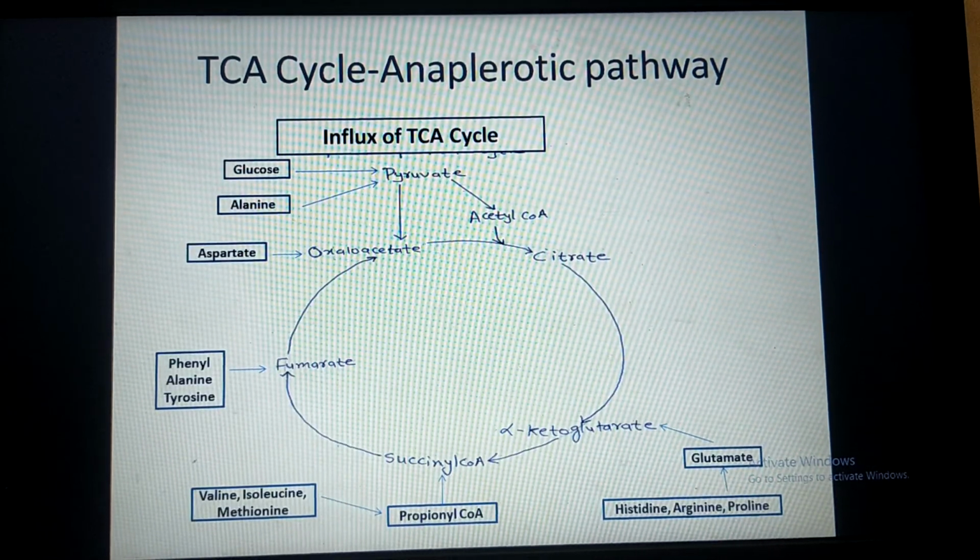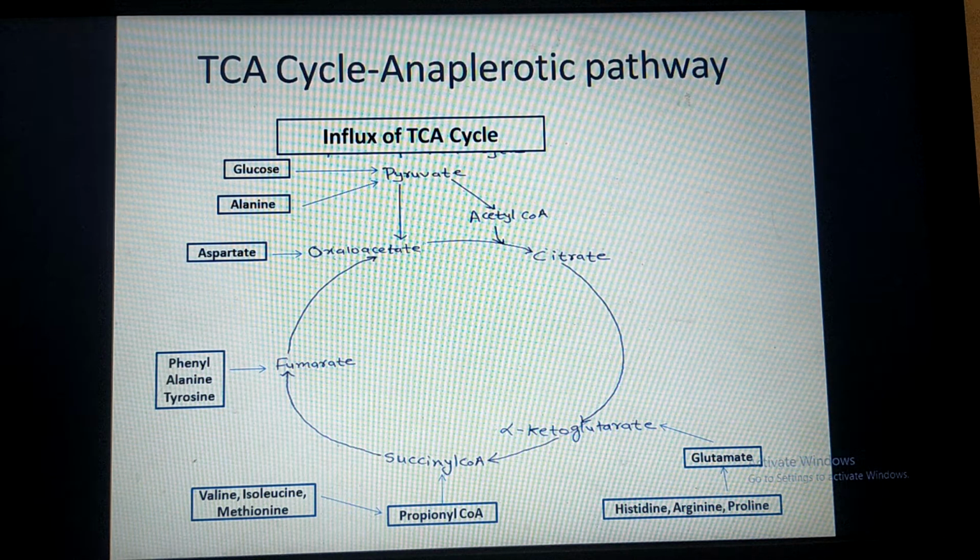Sometimes TCA cycle is also called a metabolic traffic circle. So these are the examples of influx in the TCA cycle. Glucose on gluconeogenesis gets converted into pyruvate, or alanine on transamination gets converted into pyruvate. This pyruvate is converted into acetyl CoA, and this acetyl CoA enters into the TCA cycle.